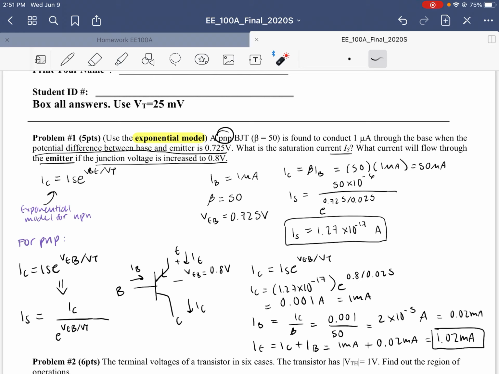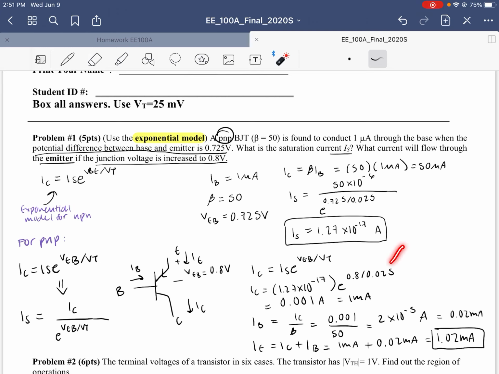So using this, we're going to plug in the saturation current that we found in this part. So IC is equal to 1.27 times 10 to the negative 17 times e to the 0.8 divided by 0.025.